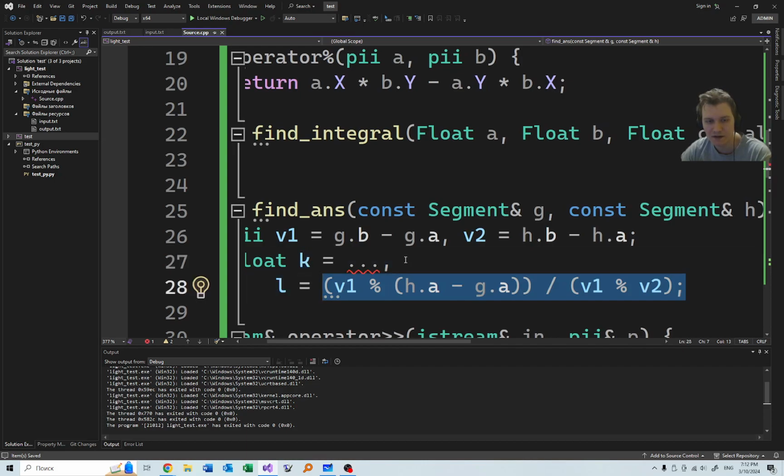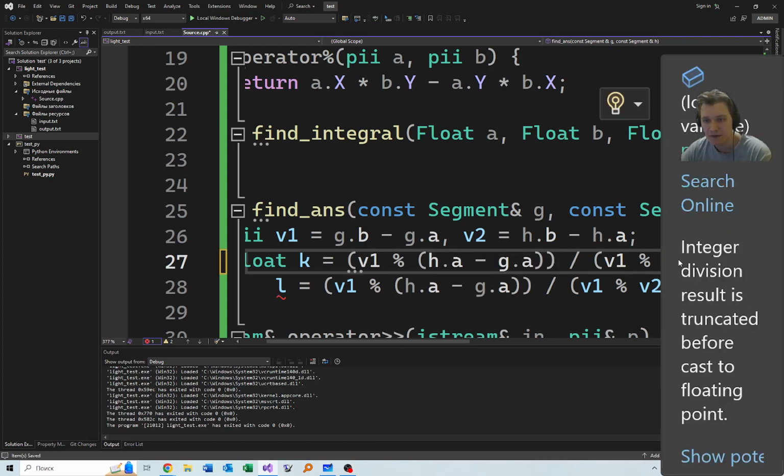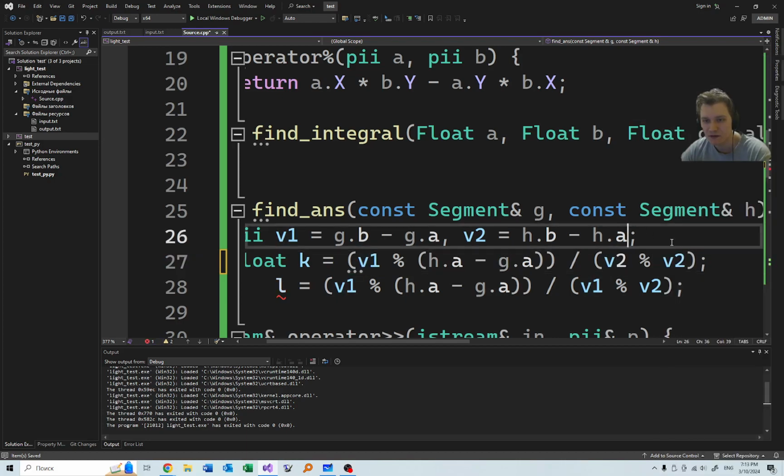And I believe that we can find K by replacing V1 with V2 and V2 with V1.